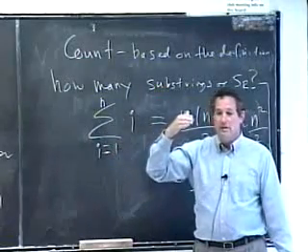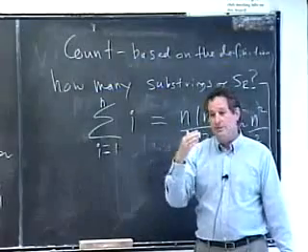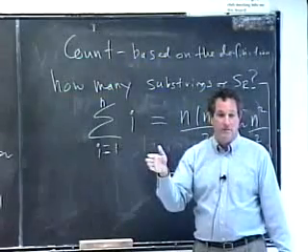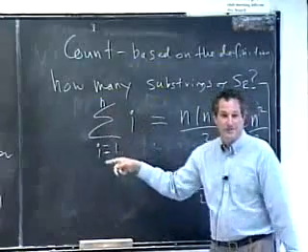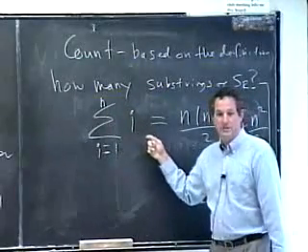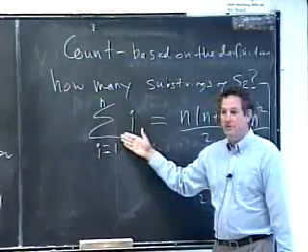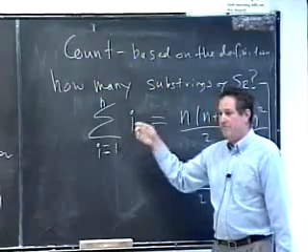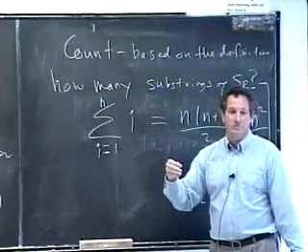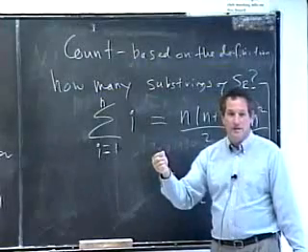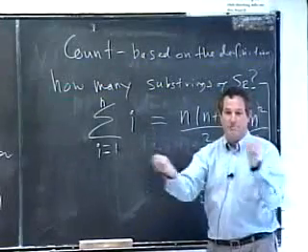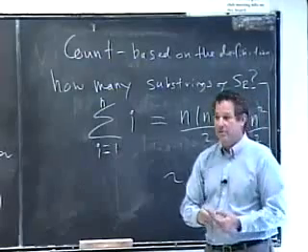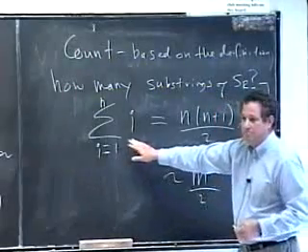So the point is that the total number is just the summation of the integers from 1 to n. What's confusing about this is it looks like 1 plus 2 plus 3, and if you think of the first number as being the number of substrings of length 1, then that looks backwards. Everything got reversed. But it's the same sum. However you think about it, in the end, it's this sum.